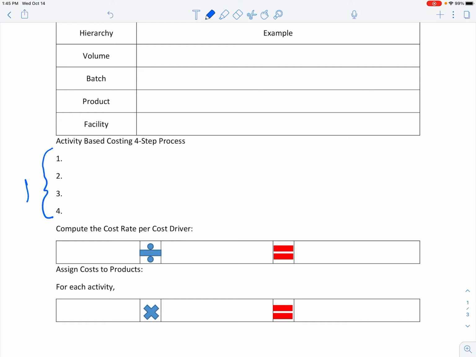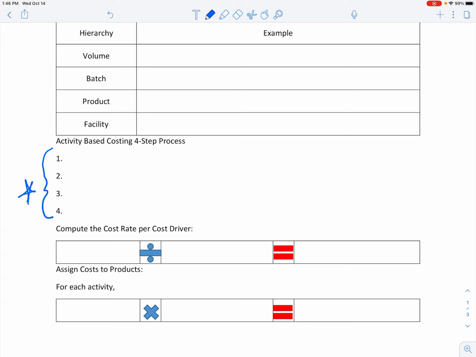Make sure you fill this in, know these 4 steps, and know where you are in the process. Because as you can see when we get through this example, it's not difficult to do, it's just time consuming and a lot of numbers you're playing with. So if you always keep track of where you're at and which step you're on, it'll make this a lot simpler.